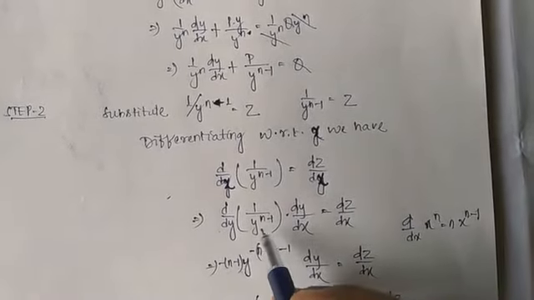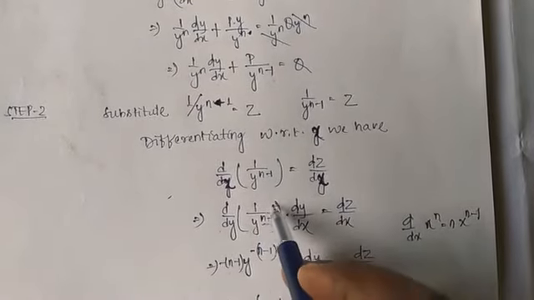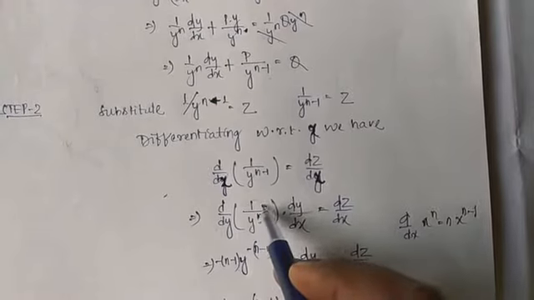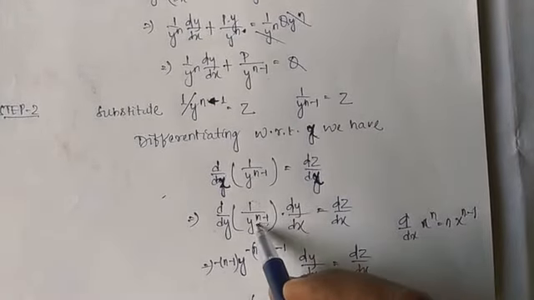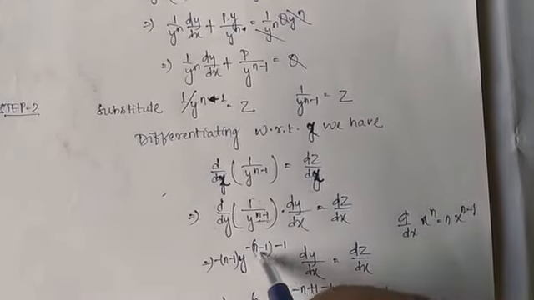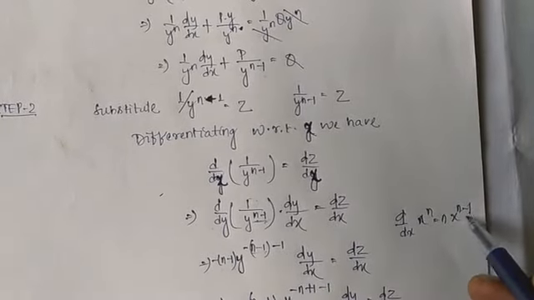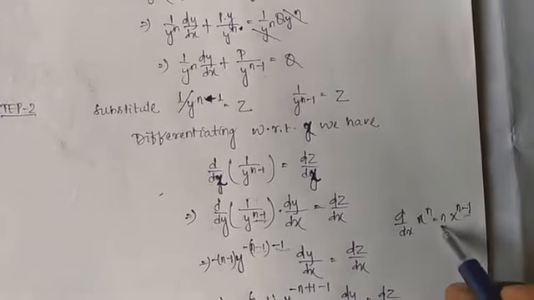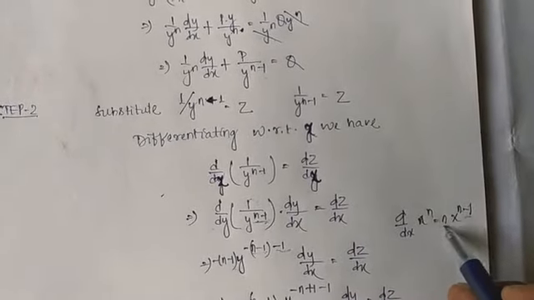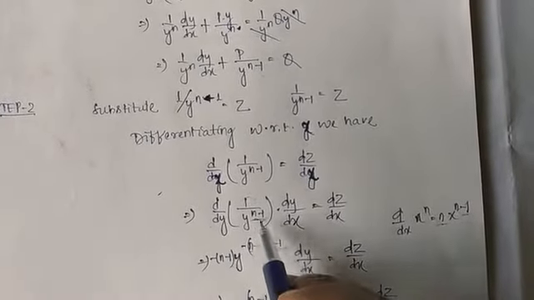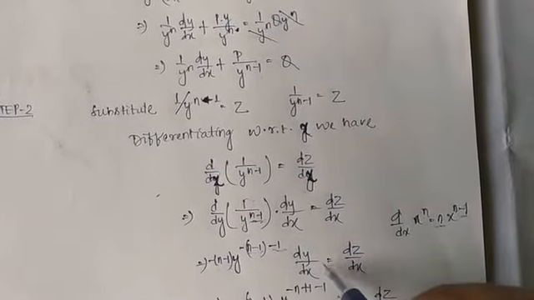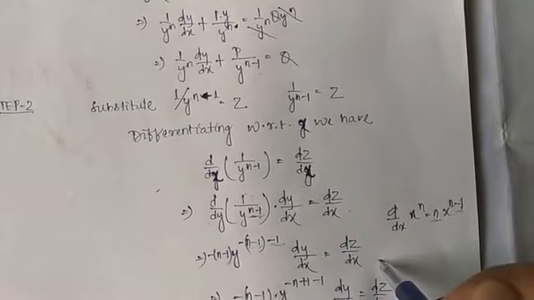So when y to the power n minus 1 goes to the numerator, the power will be minus of n minus 1, and after that we subtract 1 from it, so minus 1, and the coefficient is the power, so minus of n minus 1, into dy by dx, equal to dz by dx.